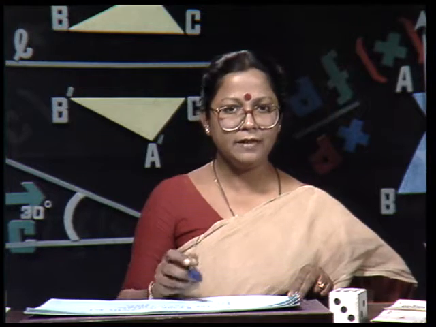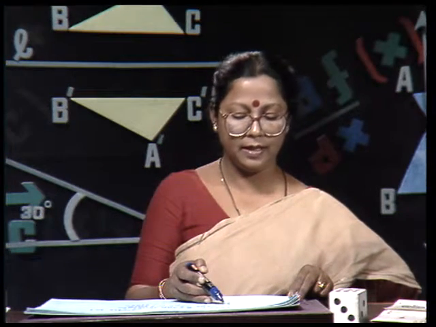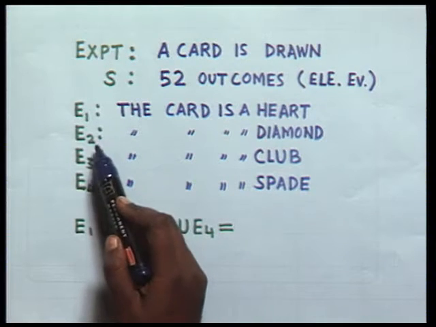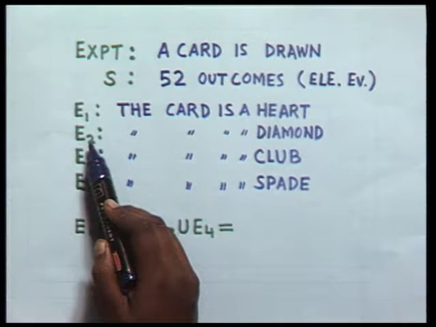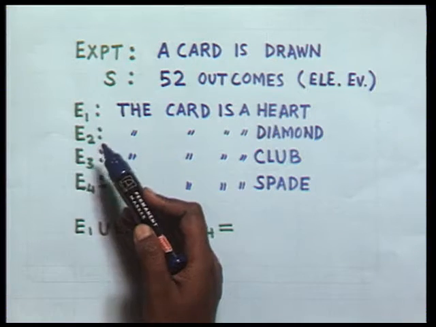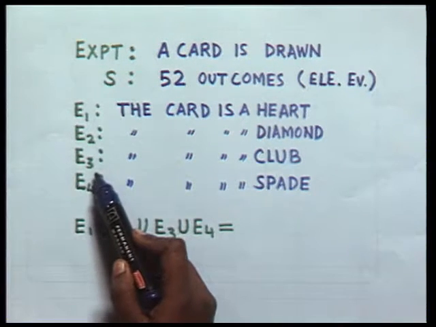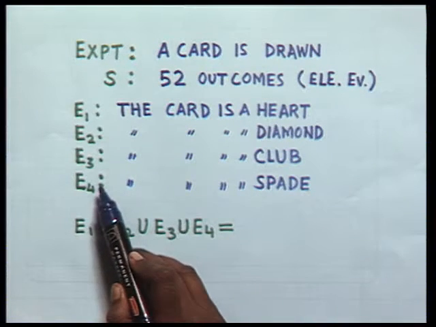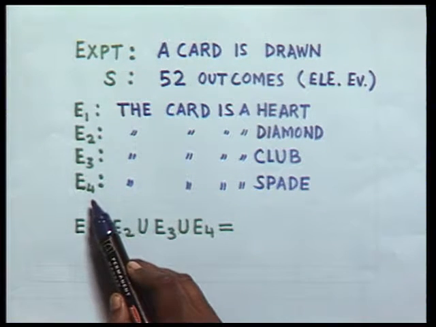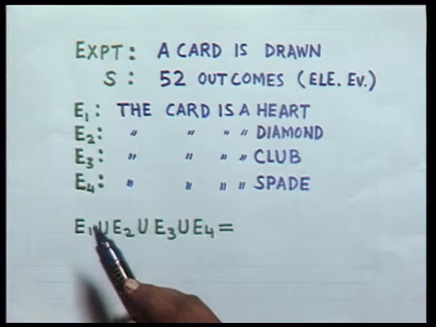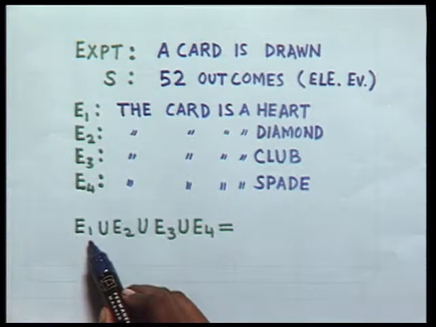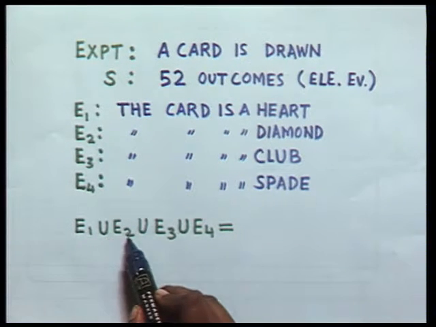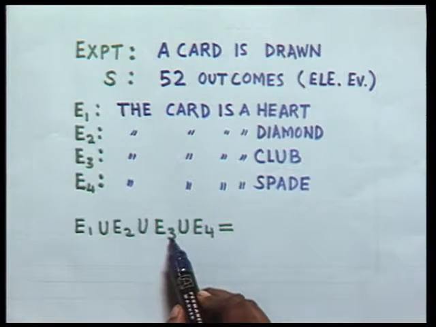If we take event E1 and E2 in pair, then are they mutually exclusive? Similarly, if we take event E2, E3 or E3, E4, we find that these events taken in pairs are mutually exclusive.